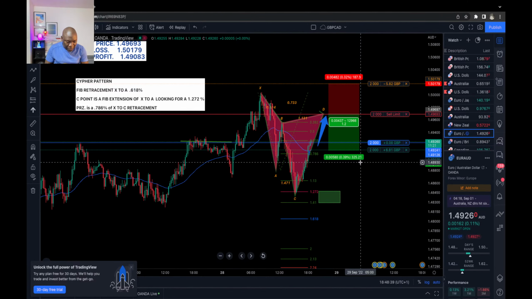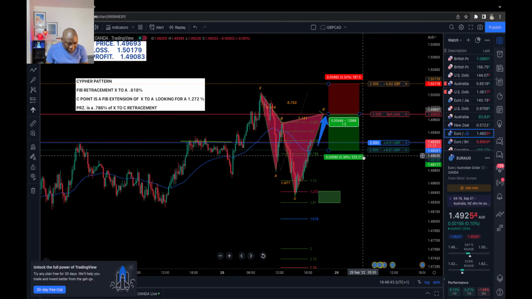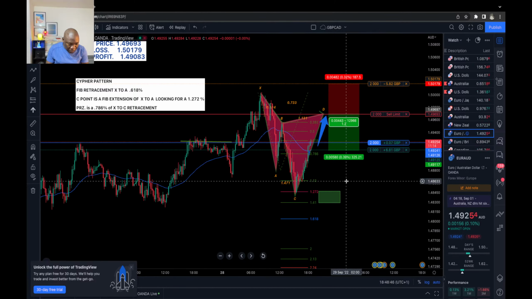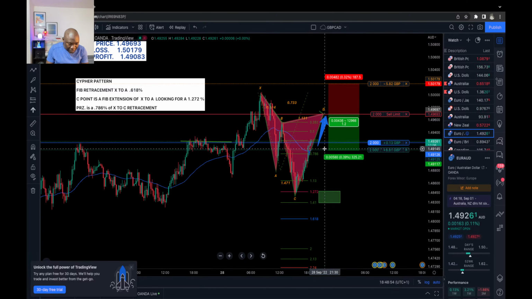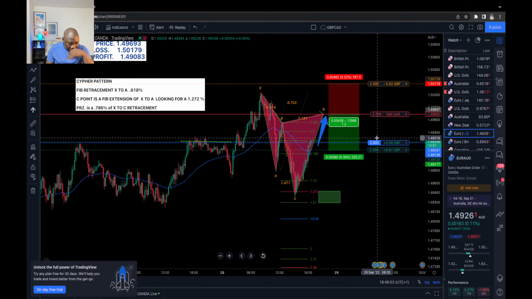I think I'm breaking one of my rules here, because I always say let the market come to you, don't chase it. In this case, I'm actually chasing price. I should allow the market to come to me, so let the market come to this area here where I've put a sell limit, rather than going aggressively into it.